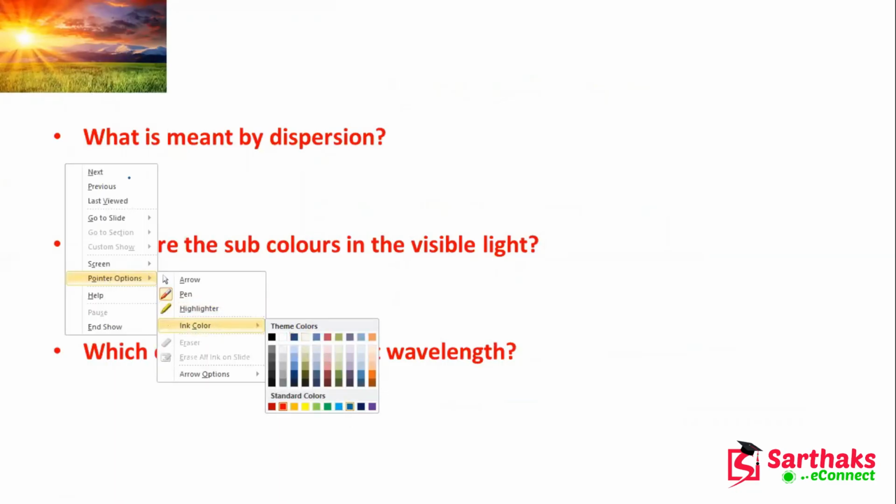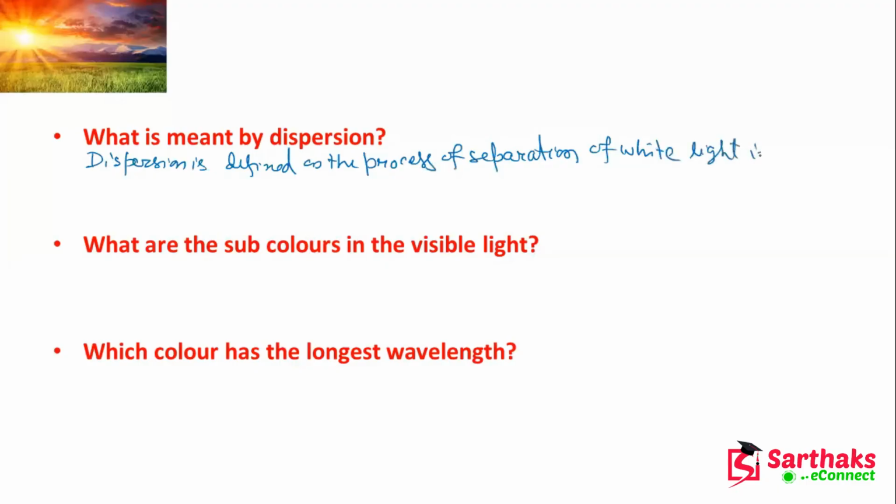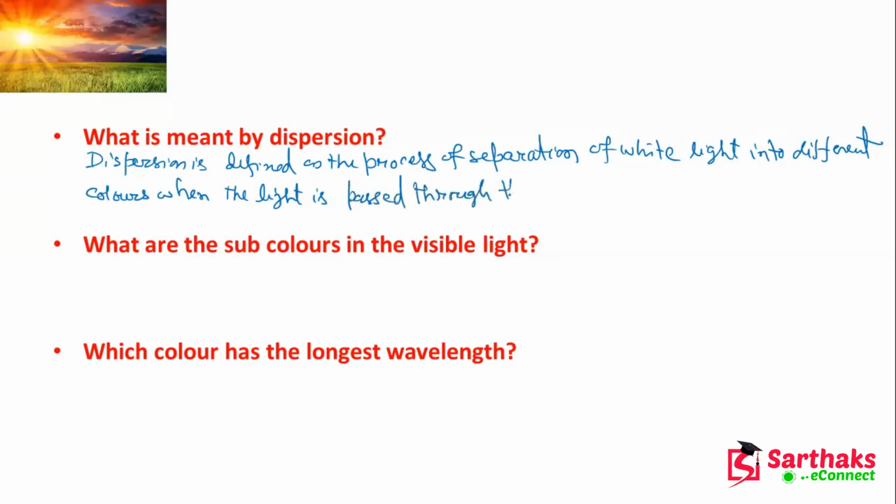Dispersion is defined as the process of separation of white light into different colors when the light is passed through the prism.